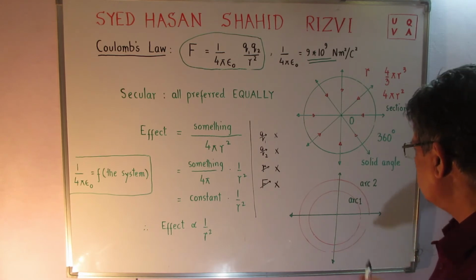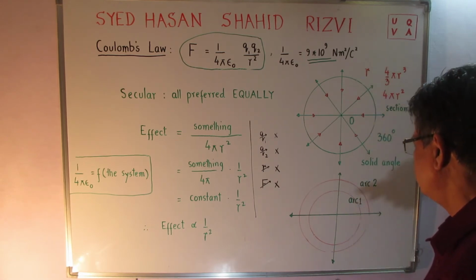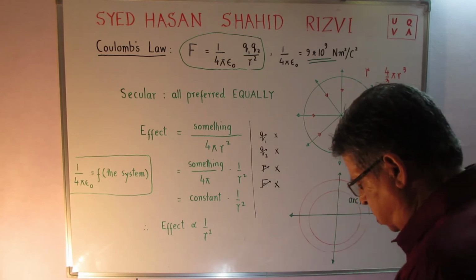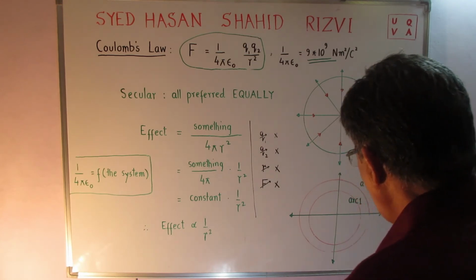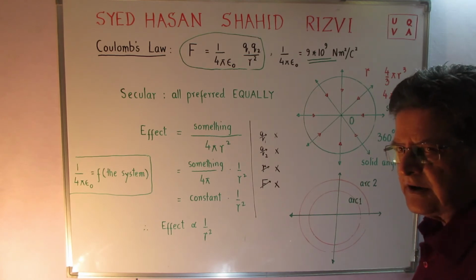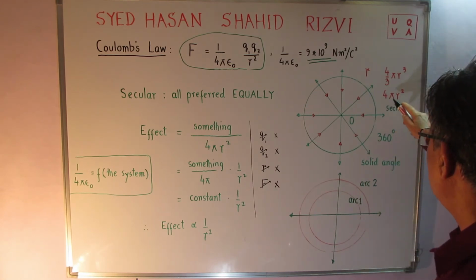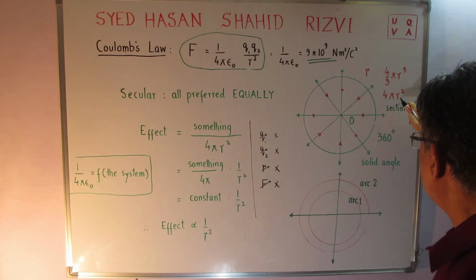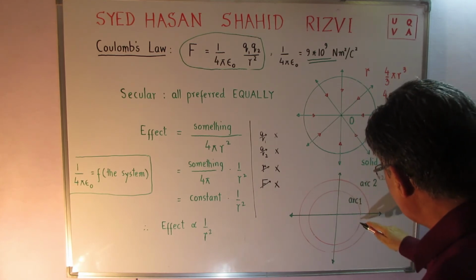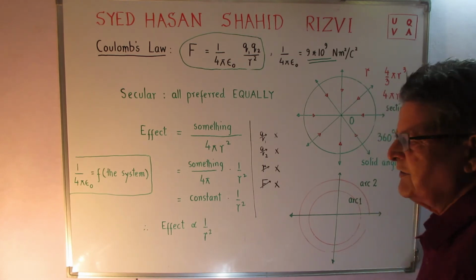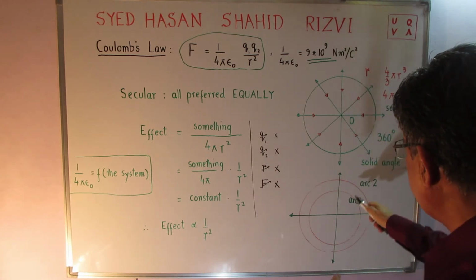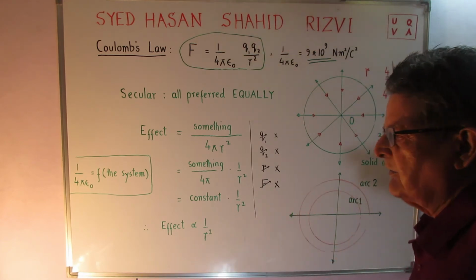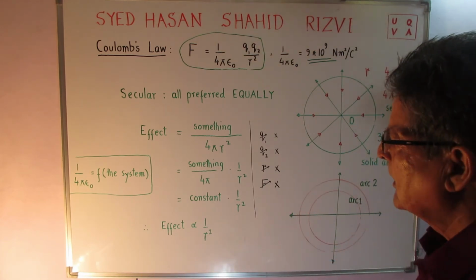Okay, so you can see that for the same area, 1/4 of a spherical area of a sphere, that is 4 pi r square divided by 4, the pi r square area. Here the effect will be more, and here, because of the spreading, the effect will become smaller.